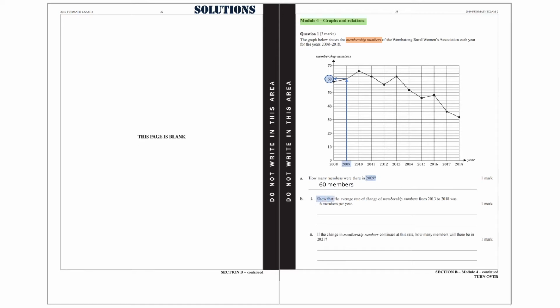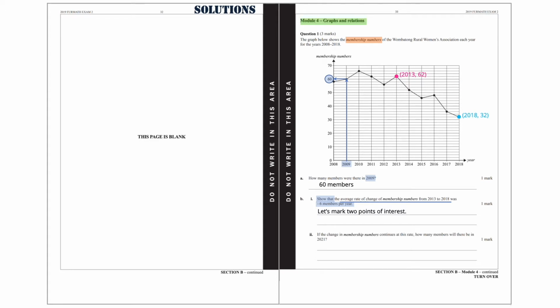Part B i. Show that the average rate of change of membership numbers from 2013 to 2018 was -6 members per year. Let's mark 2 points of interest. First of all, in 2013 there were 62 members, and in 2018 there were 32 members.